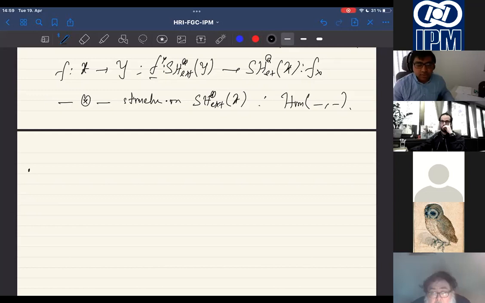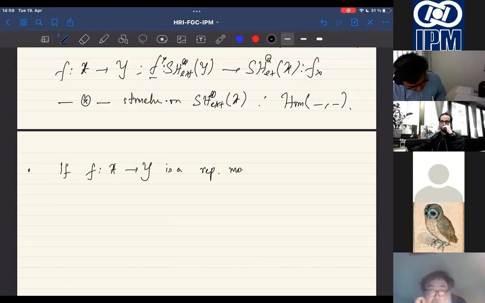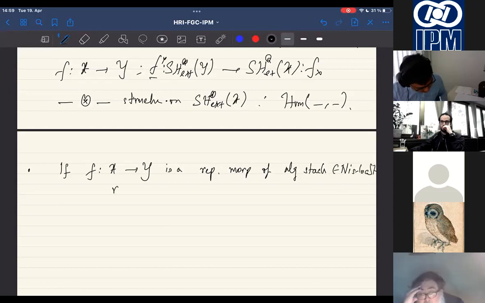But we can define it like this: if f from X to Y is a representable morphism of algebraic stacks, separated and of finite type.